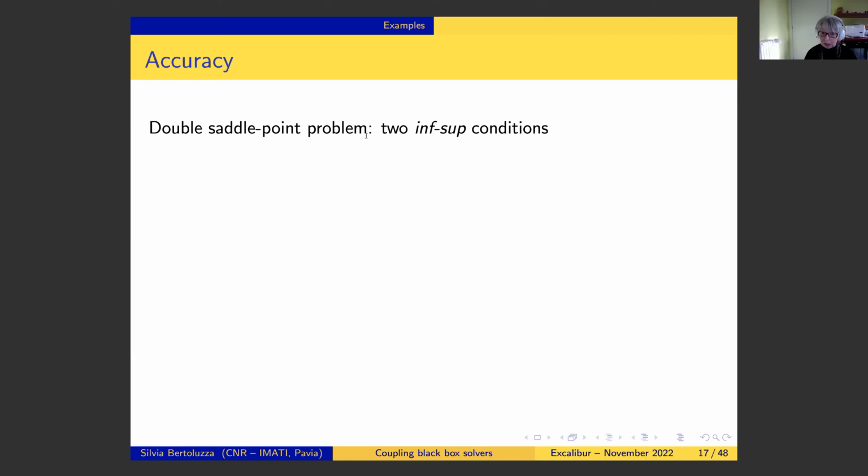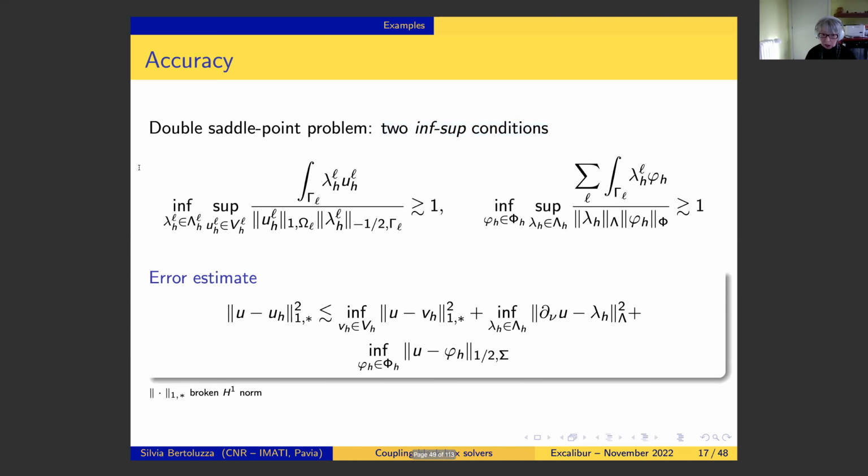But here I have a double saddle point problem, so I will need to impose two inf-sup conditions: the lambdas, which represent the normal derivatives, must control the trace variable, and the u must control the lambdas. If this is satisfied, then I have this optimal error estimate, where the norm 1-star is the broken H1 norm.